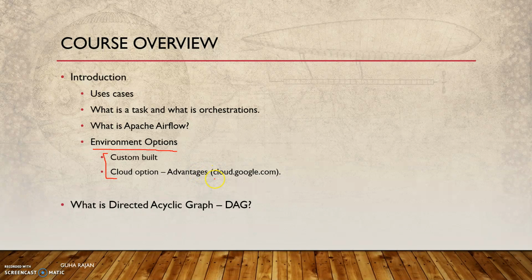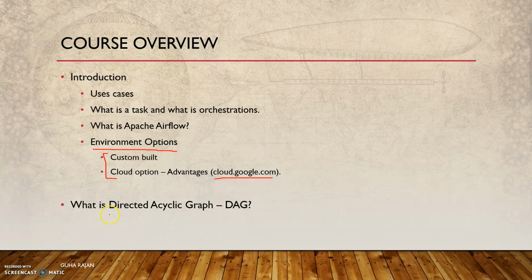So do visit cloud.google.com to know more details about this environment option. And of course in this course we would be using the Cloud Composer which has built-in Apache Airflow on itself.